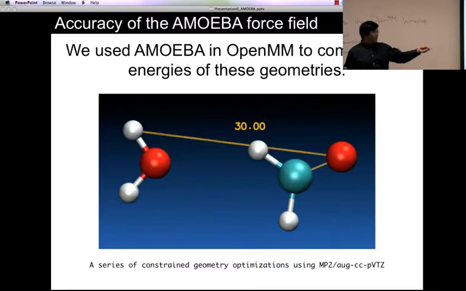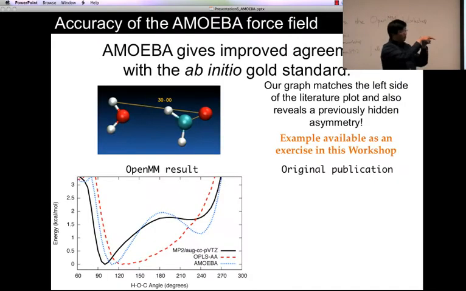And here I'm just going to show you a bunch of geometries that have been optimized at some level of quantum theory, where I've constrained the angle. And now I'm going to take the AMOEBA force field and evaluate the energy for every one of these geometries.